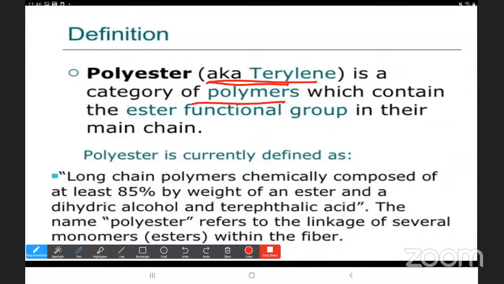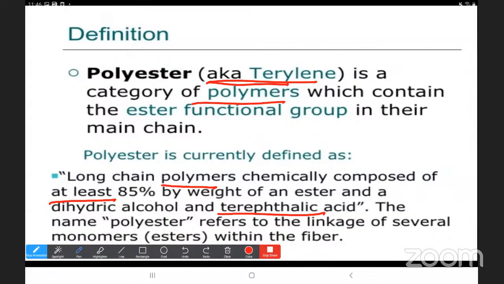So polyester is currently defined as long chain polymers chemically composed of at least 85% by weight of an ester and a dihydric alcohol and terephthalic acid.